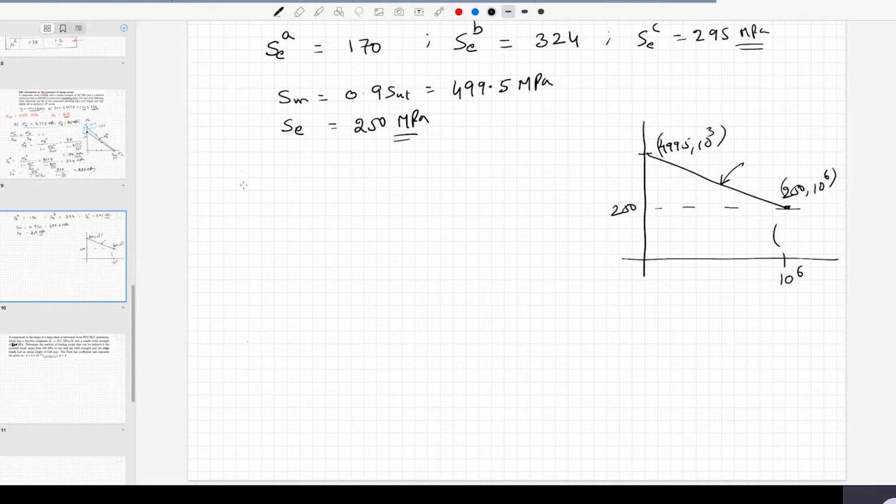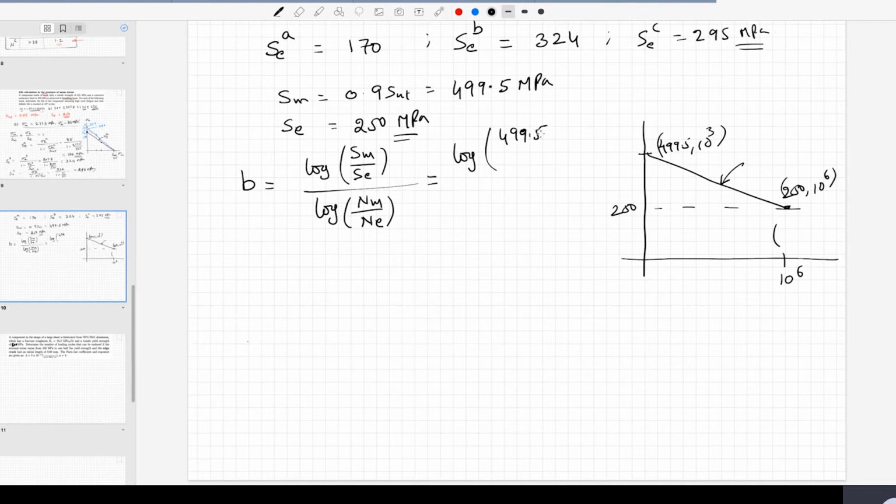So what is your B? B is equal to log SM by SE divided by log NM by NE. That is equal to log 499.5 divided by 250, divided by log 10 cube by 10 power 6.